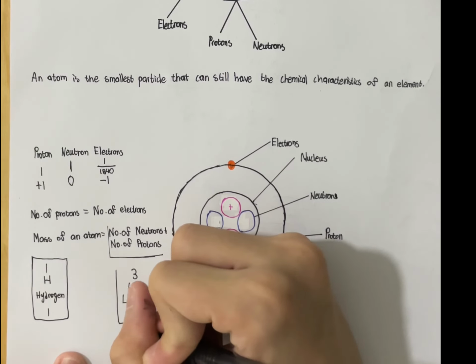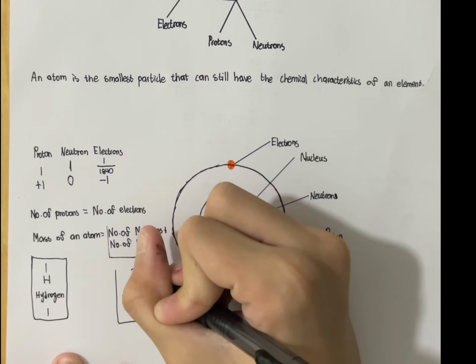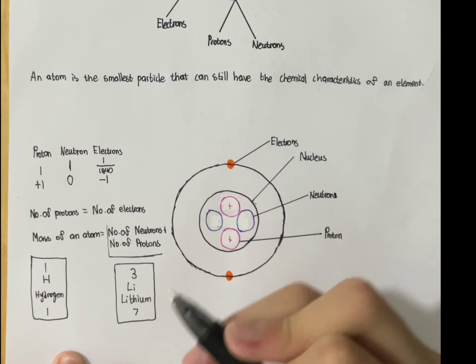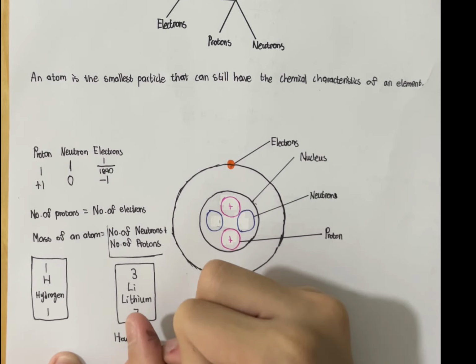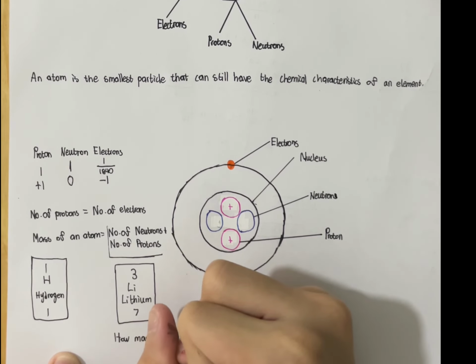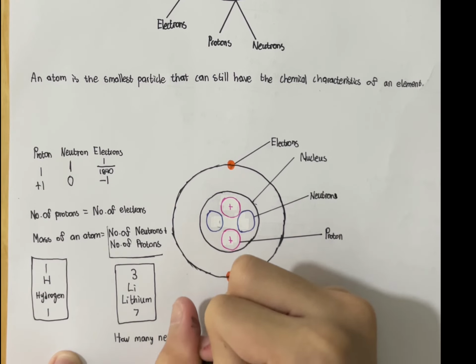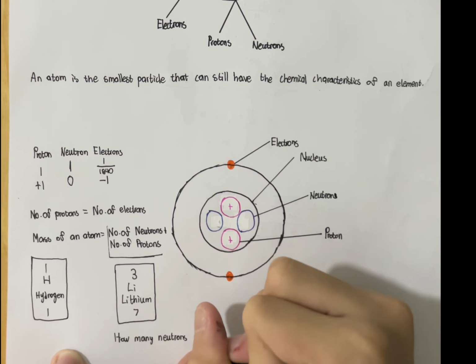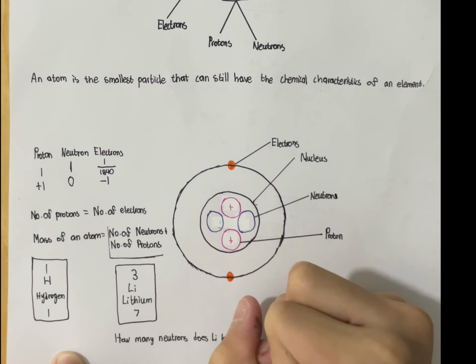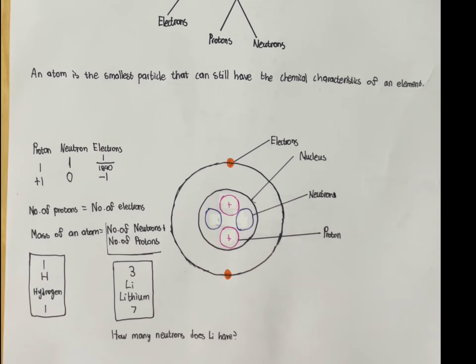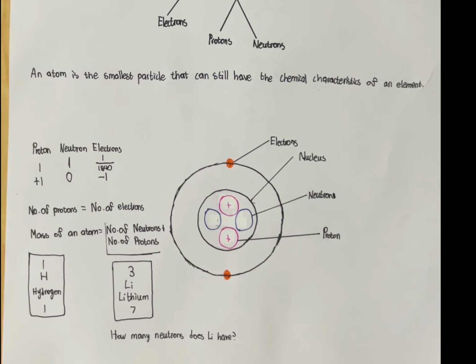Now what I want you to calculate about this lithium atom is how many neutrons does lithium have? I will give you some time to think. Alright, so I assume you've thought about it. How many neutrons does lithium have?